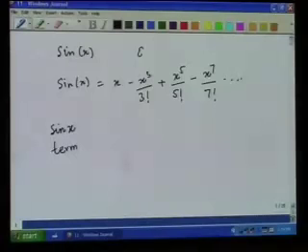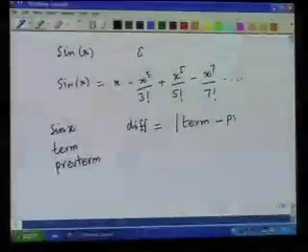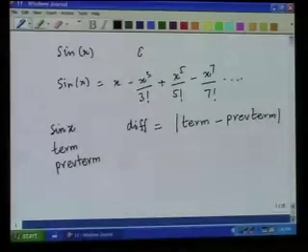And let's use the variable prev term for the term prior to the most recent term. So the difference between the two terms is term minus prev term, and the absolute value of that is the difference. So we'll have to keep computing till the value of difference becomes less than epsilon.